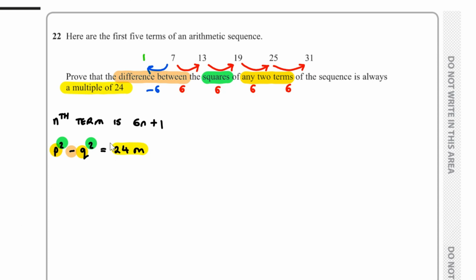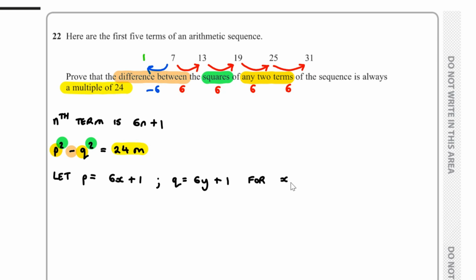So what we will do is let p equal 6x plus 1 and q equal 6y plus 1, for different integers x and y.